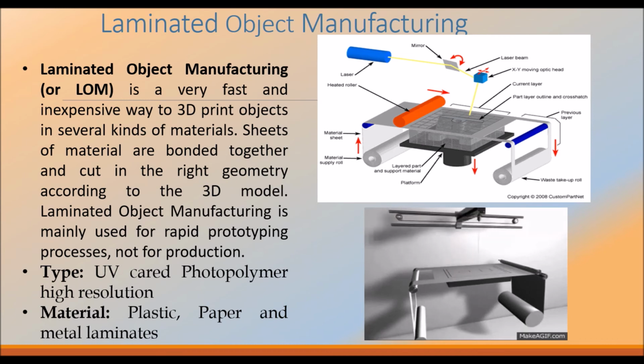This is how the layer will be printed like this. So this is how laminated object manufacturing works. As per the figure shown, here you can see the rollers, material will be fed, and from the top the material will be deposited on the bed.